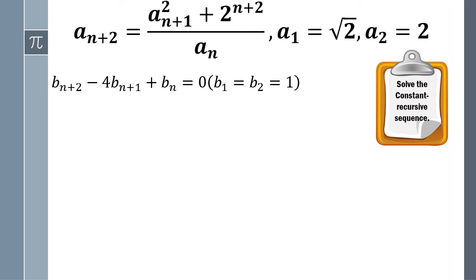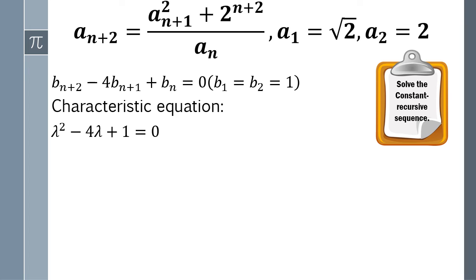If you already know how to do so, you can skip this part. Otherwise, the first thing we need to do is find the characteristic equation of this number sequence, which is lambda squared minus 4 lambda plus 1 equals 0. Note that the coefficients are equal to the coefficients of this recursive formula.